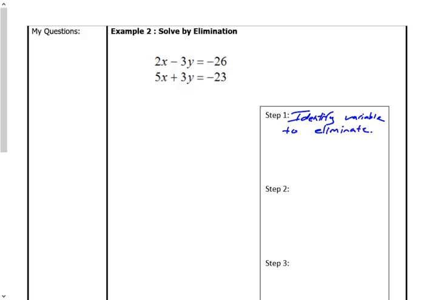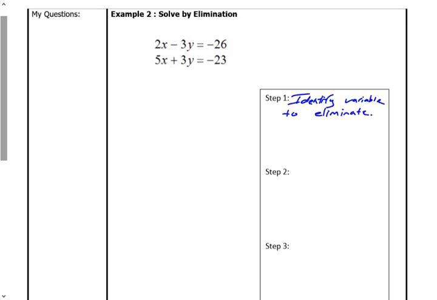And it's very important that we do that. And in this problem, right there they are. The equation needs to be set up, and that probably should have been step 1, that the x's, then y's, and then numbers, these both need to be in standard form. But they were. And your most important thing is identify two variables that are the same.